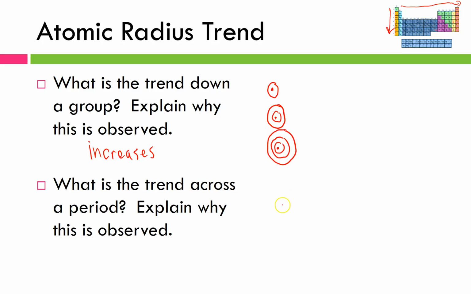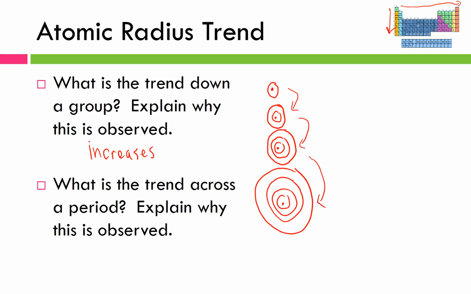Below sodium is potassium, 1, 2, 3, 4 energy levels, so on and so forth, all the way down to francium. So hopefully that makes sense when you think about it. Every time you drop down to a new row, you're adding a whole extra energy level or orbit. And the more orbits you have, the larger the atom is going to be.